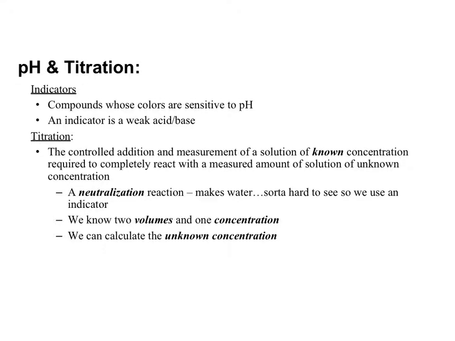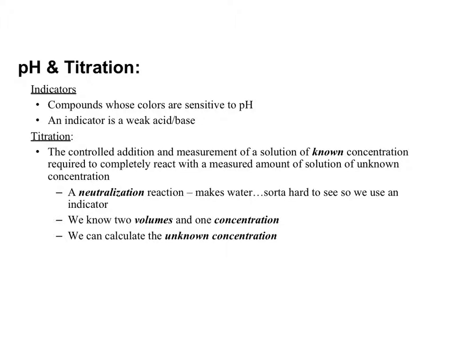Now, in titration, which is what you're going to be doing in lab tomorrow, we always use an indicator, and we've already said that an indicator is a weak base or a weak acid. But the definition of titration is the controlled addition and measurement of a solution of a known concentration required to completely react with the measured amount of a solution of an unknown concentration. Because it's a neutralization reaction, we make water, which is really hard for us to visually see, so we use the indicator.